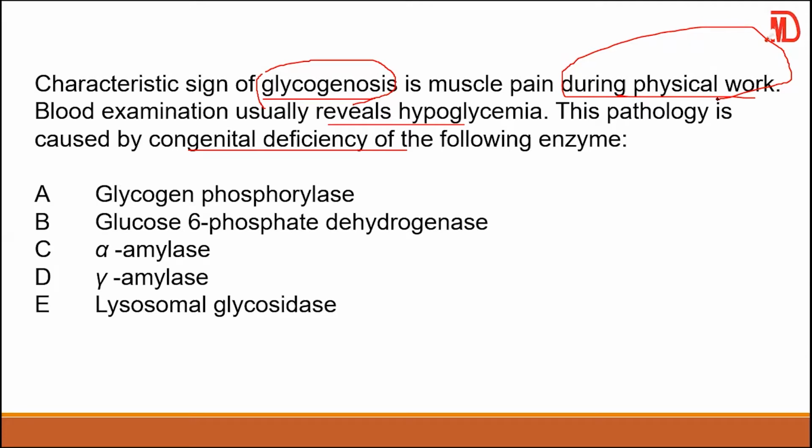Over here, we are looking at glycogen phosphorylase, because this phosphorylase is involved in the release and breakdown of glycogen, sorry, of glucose, through a process called glycolysis. By now, you should know what I'm talking about. So this is type 5.